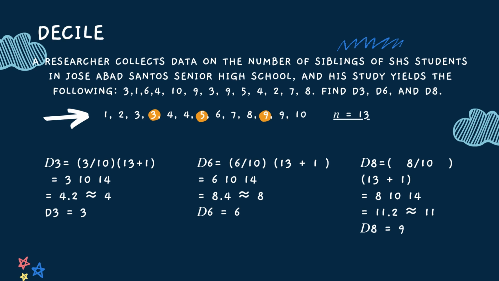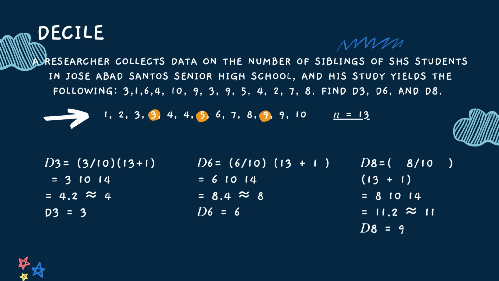We are instructed to find D3, D6, and D8. In a real equation, it might be a different D, like D4 or D1, D6, D20, up until its limit. The total number of data is 13. So we're going to rearrange it from the least to greatest number.